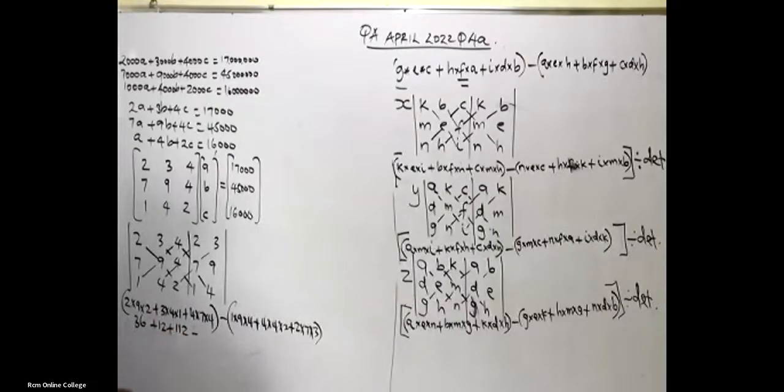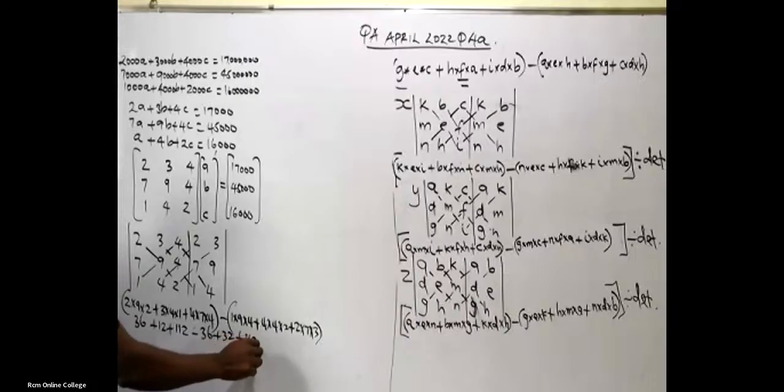Then we less. So 1 times 9 is 9 times 4, 36. Plus 4 times 4, 16 times 2, 32. Okay, plus 2 times 7 is 14 by 3, or you check 7 times 3, 21 by 2, that will give you 42.